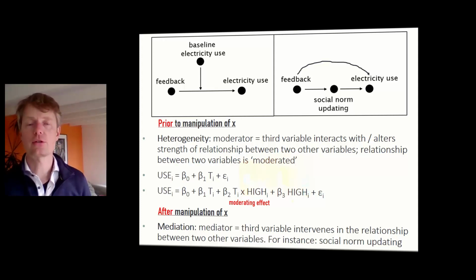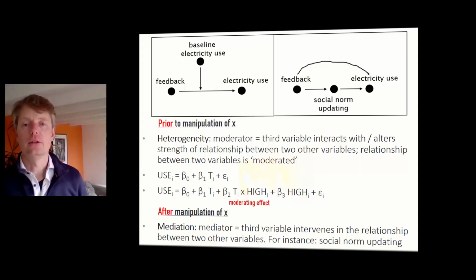So this is again a variable that we collected prior to manipulation of X, X being feedback, the treatment. So we interacted the treatment indicator T with the pre-treatment characteristic high, where high stands for high baseline electricity use.